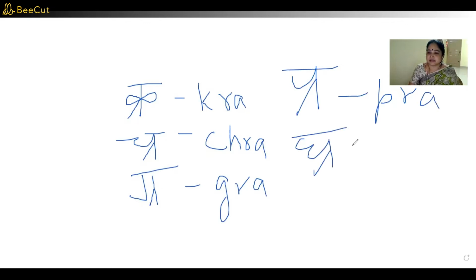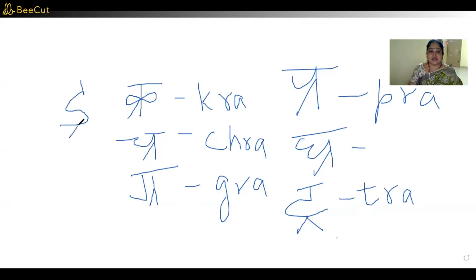Gra. So for ta, it will be like this, tra. Okay, two small lines like this, tra. For da also, dra. So generally, a small diagonal line drawn with the letter will give the pronunciation ra. Kra, chra, gra, pra, gra.